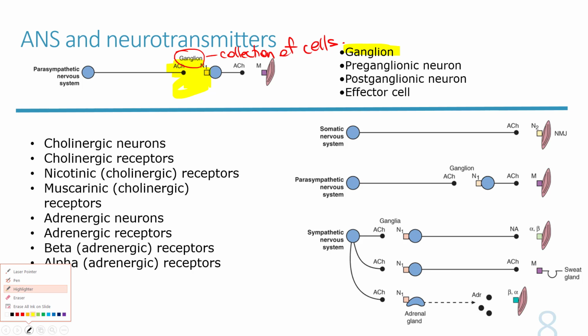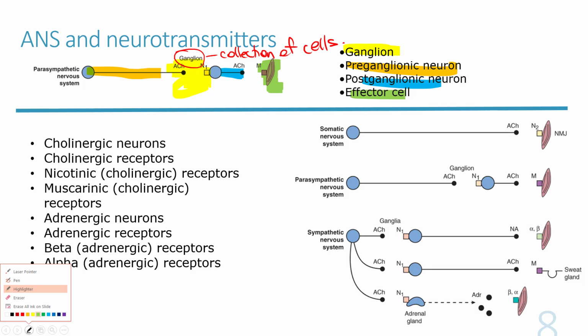The preganglionic neuron is the neuron before the ganglion, and the postganglionic neuron is the neuron after the ganglion. The effector cell is the cell right at the end of the pathway that the postganglionic cell affects. All right, so that's just a brief overview.